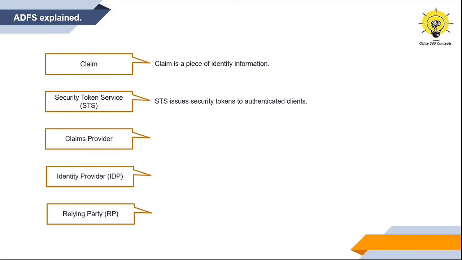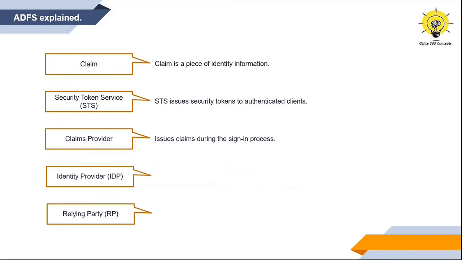Its job is to issue security tokens to the applications. For example, when you log into portal.office.com, you are redirected to login.microsoftonline.com, which is the security token service for portal.office.com. ADFS is also a security token service, or STS.